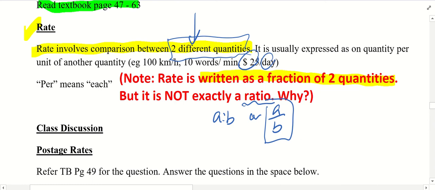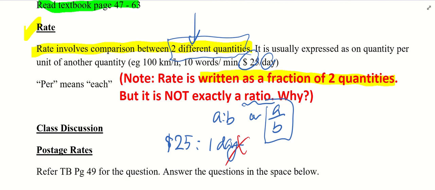So in this case, it does not make sense to write this rate here as 25 is to 1 day. $25 is to 1 day. It does not make sense at all. So rate is like a ratio, but it's not exactly a ratio because of different quantities and different units.